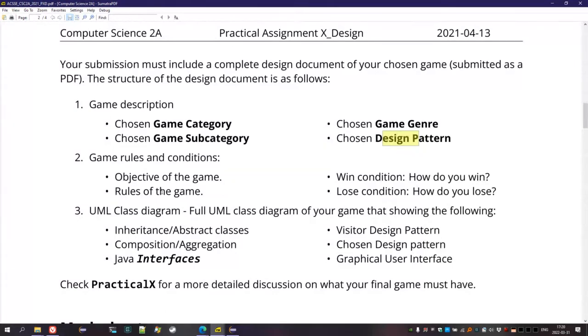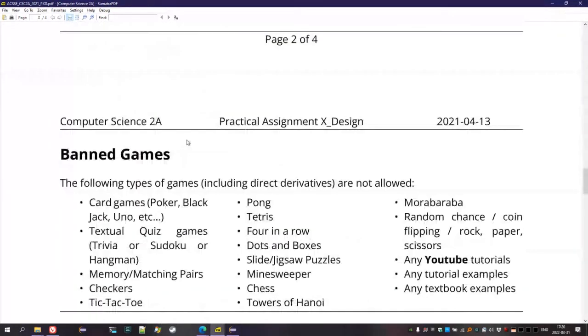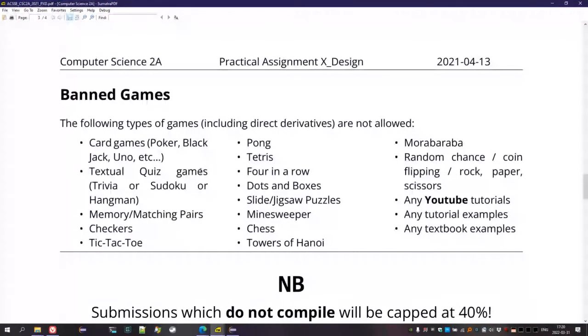Now, there are some restrictions on how you actually play the game. You will see there's a list of games that are sort of banned, and there's a reason for that. No card games, so no poker, no blackjack, no Uno, nothing like that, because those are known rules, known conditions, known implementations. No textual games, so nothing like a quiz or Sudoku or Hangman, crosswords, nothing like that.